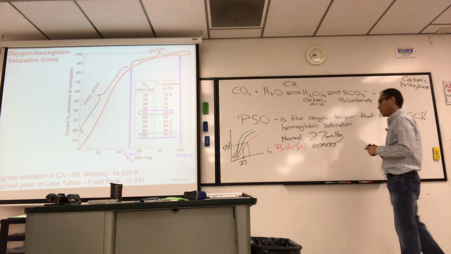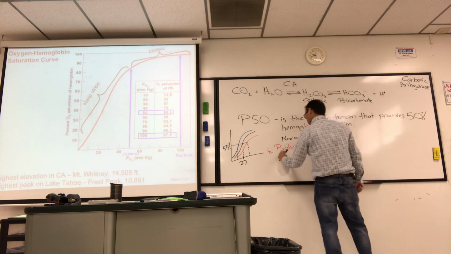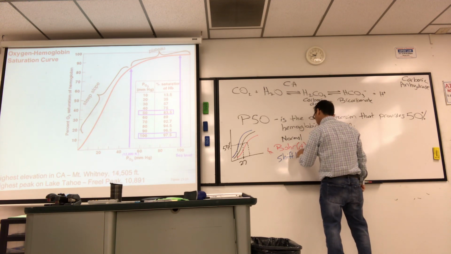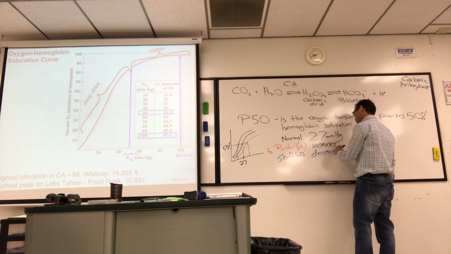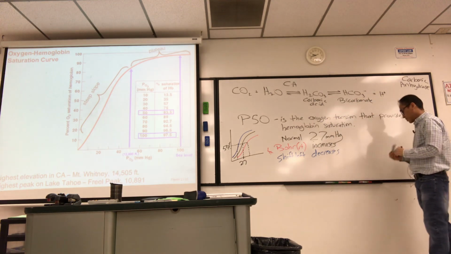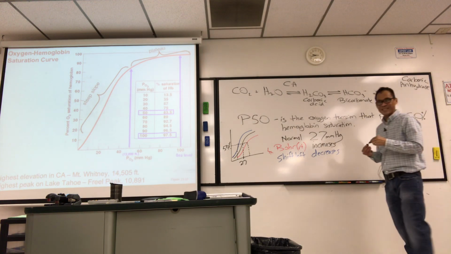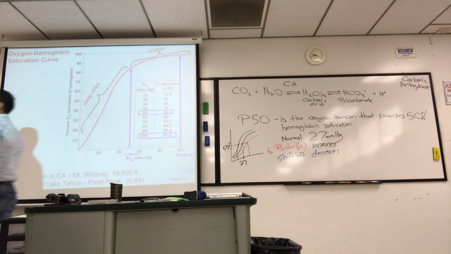Does P50 increase or decrease with the left shift? Decrease. Shift left, P50 decreases. Okay, so that's a very standard thing. Now P50, the number is 27 under normal conditions. Okay.